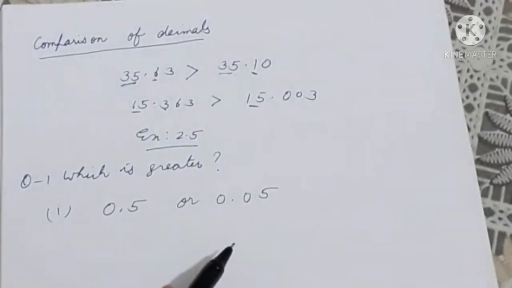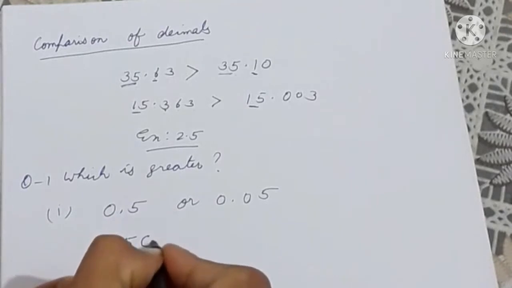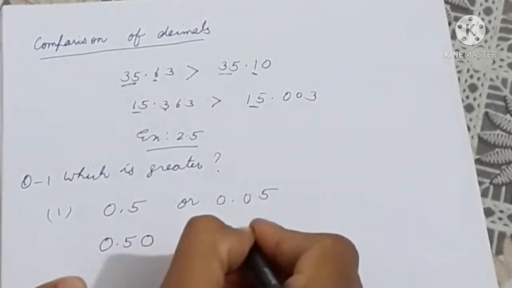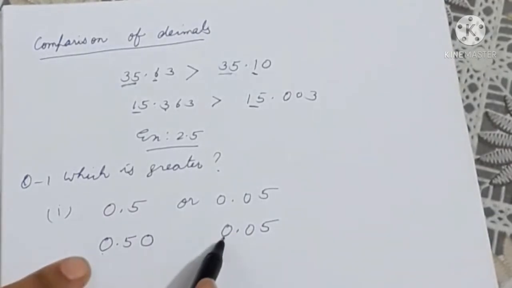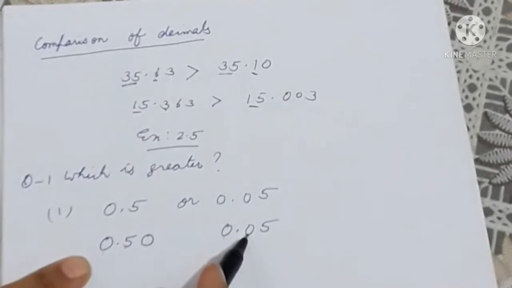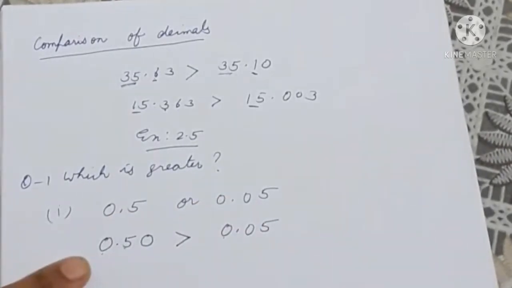I will change them to like decimals. How? Here after the decimal there is one digit, so I will add a 0 at the end, and here it is 0.05. In the whole number part, here also 0, here also 0. After the decimal the first digit is 5, here the first digit is 0. So this part is greater. This way you can complete the remaining part of question number 1.